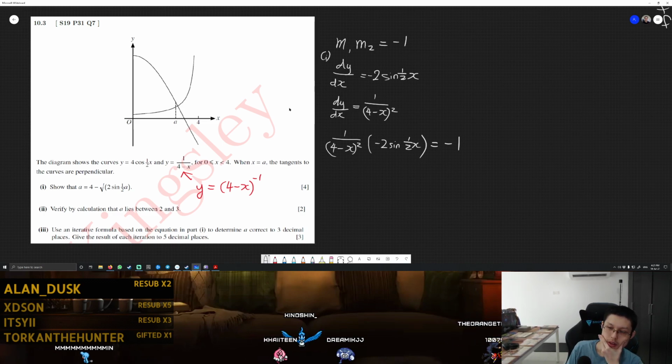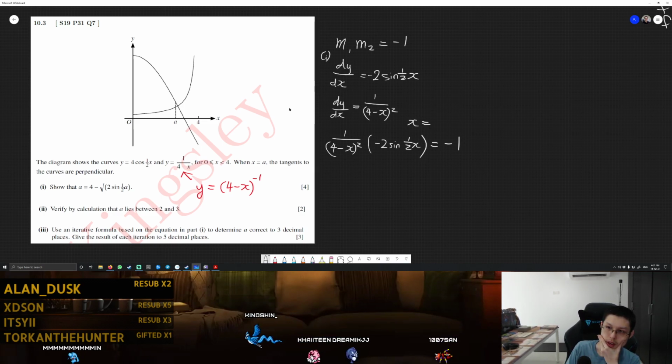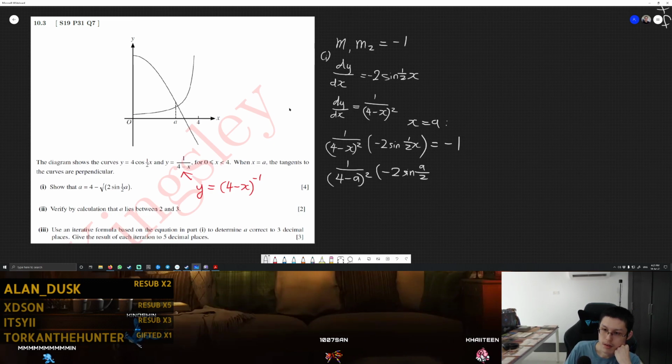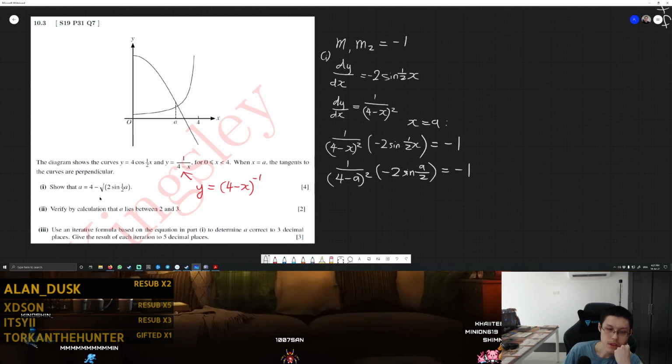Okay, and then this only happens when x is equal to a. So we're going to replace all the x's with a's. And you can see here, they make a the subject. So we're going to try to make a the subject.